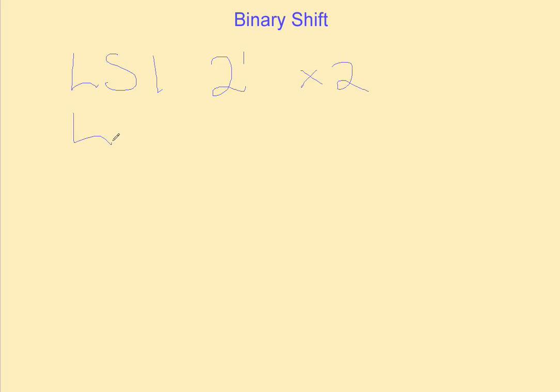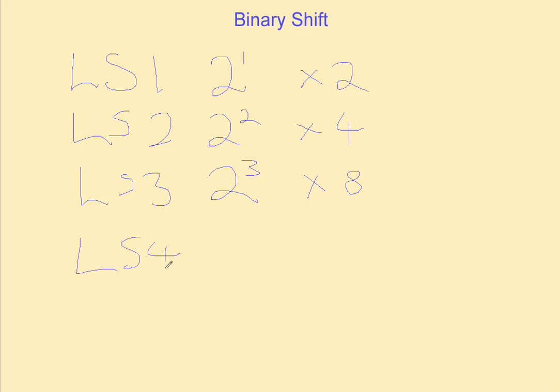If I have a left shift of 2, that means it's 2 to the power of 2, which means it's multiplying it by 4. If I have a left shift of 3, that means it's 2 to the power of 3, which is 8. If I have a left shift of 4, it's 2 to the power of 4, which is 16.